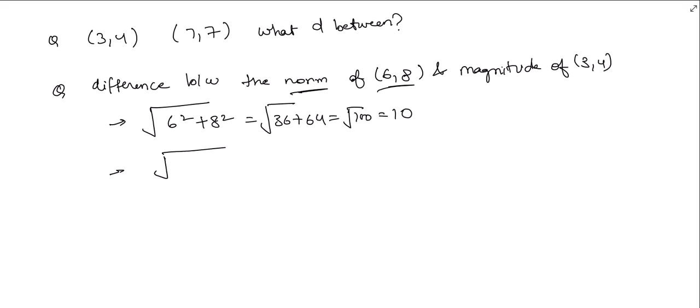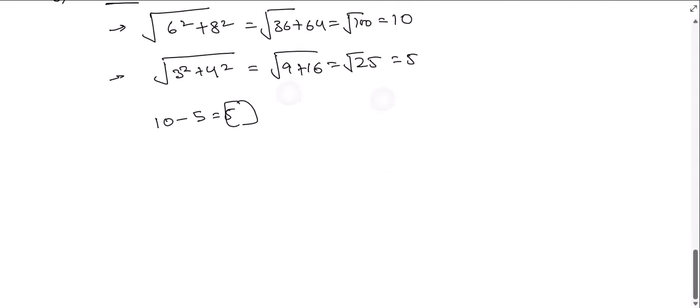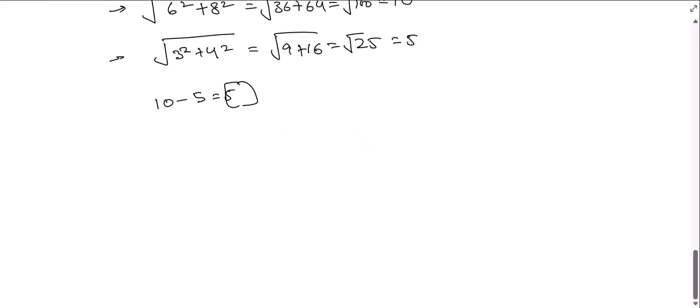And the second one is root of 3 square plus 4 square, which gives us 9 plus 16, root of 25. Right. So we want the difference between them. So 10 minus 5 is 5. So this is our answer. Okay. So keep practicing these kinds of questions, so it will make your concept much stronger.